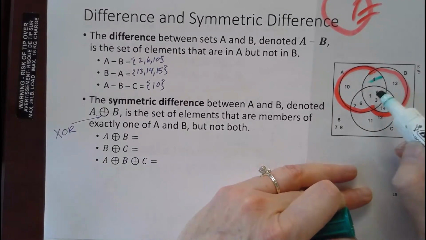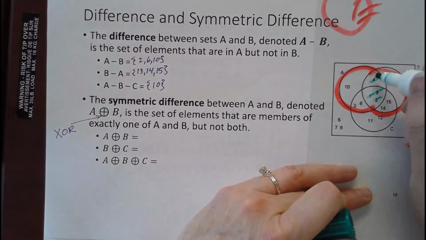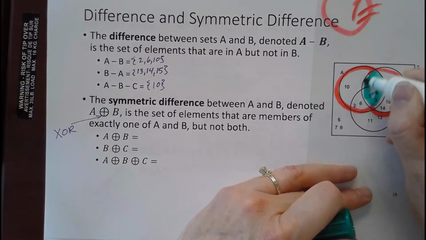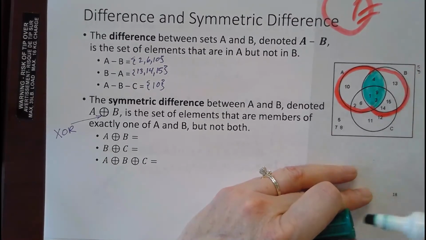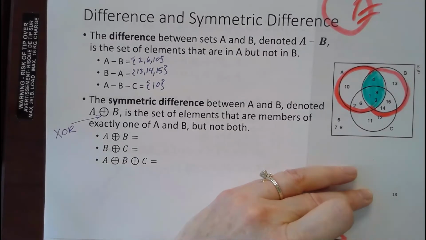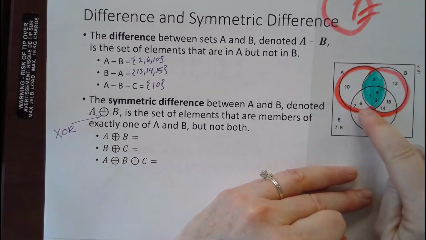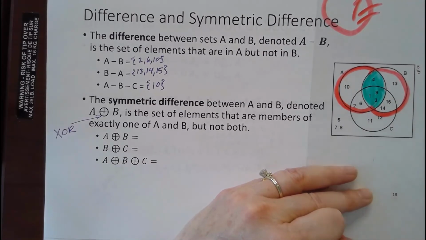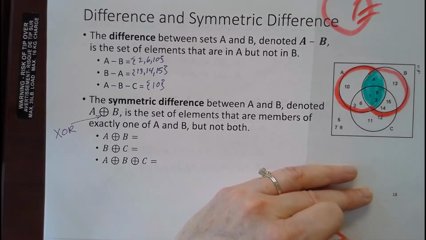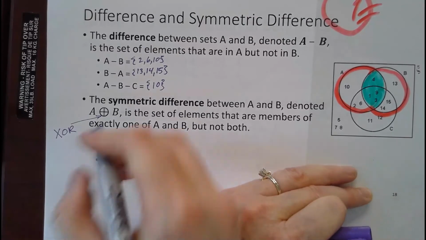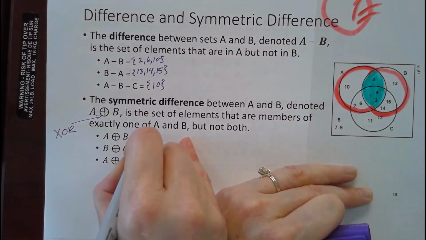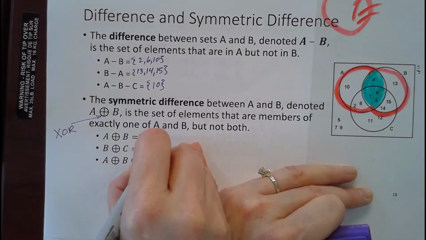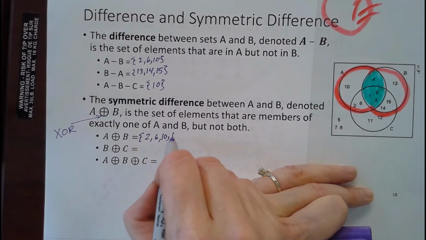Got to get rid of that. 1 is in both. 9. So we got to take out all this stuff that's in both of them. So A or B, but not both, is the stuff that's only in A, 2, 6, 10, or only in B, the 13, 14, 15. So this one's going to be our 2, 6, 10 from A, and the 13, 14, 15 from B.